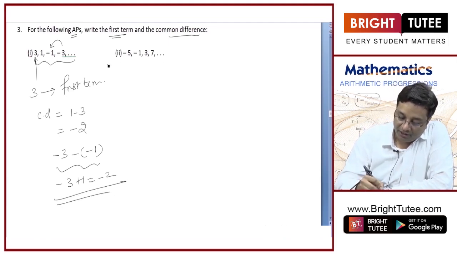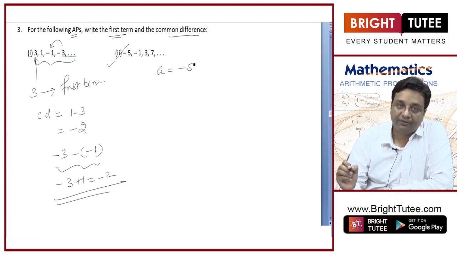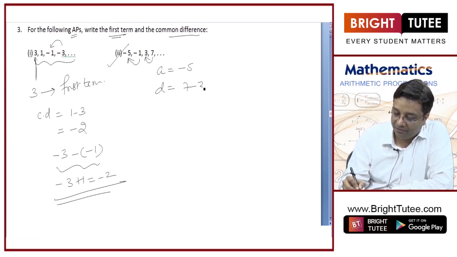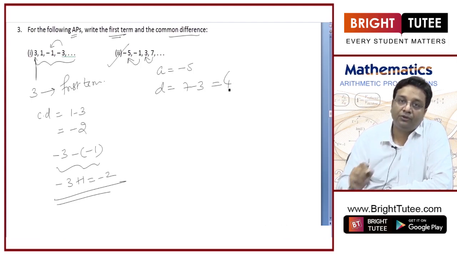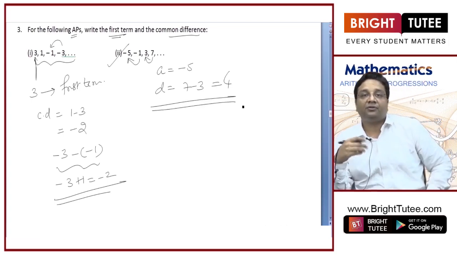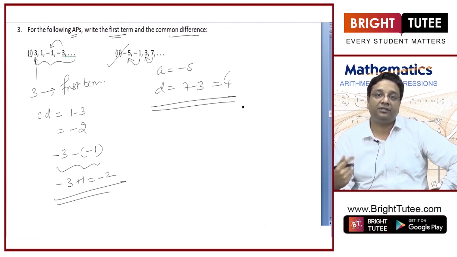So let's look at this question. Again, first term is very simple. A is equal to minus 5. For common difference, you subtract any 2 terms. You can subtract 7 minus 3. Common difference is 7 minus 3 equal to 4. So this is the way we find first term and the common difference of an AP.